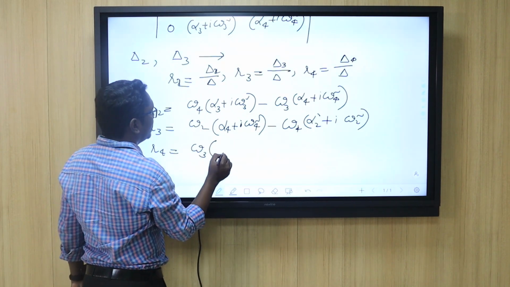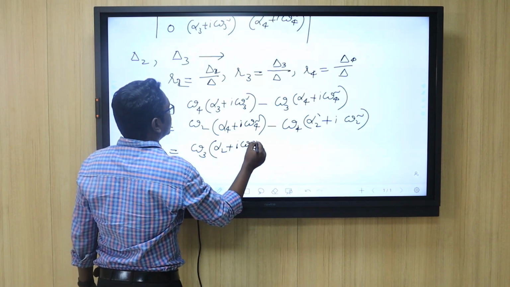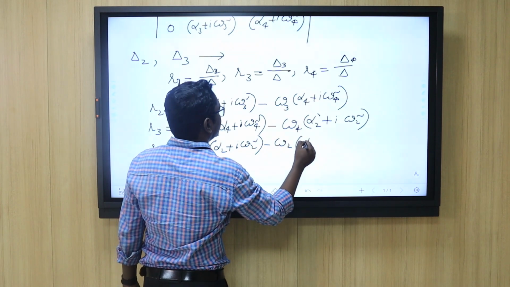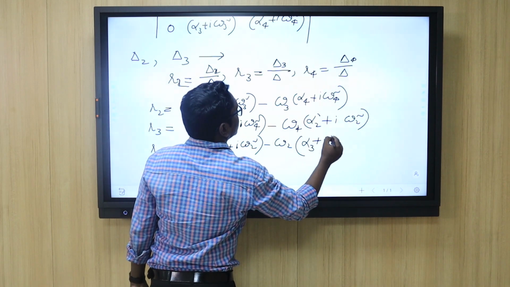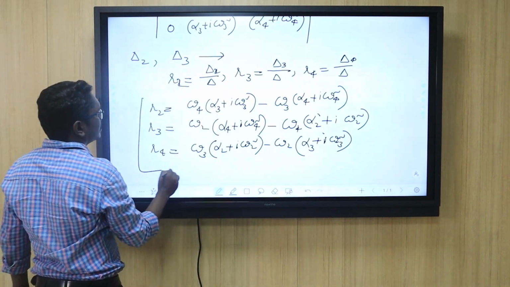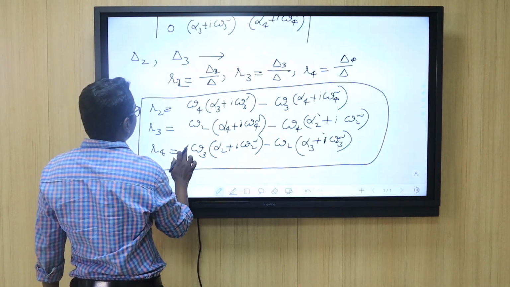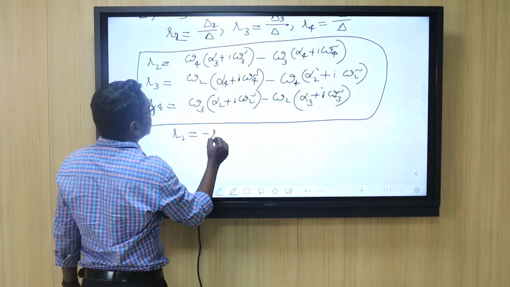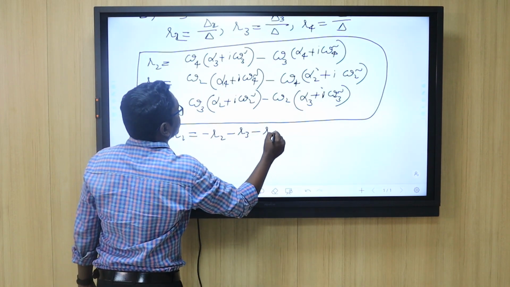The final equation, omega 3 into alpha 2 plus i omega 2 square minus omega 2 into alpha 3 plus i omega 3 square. So these relations are very important to get the magnitudes. How to get the R1 value? We will get the R1 value as minus R2 minus R3 minus R4.